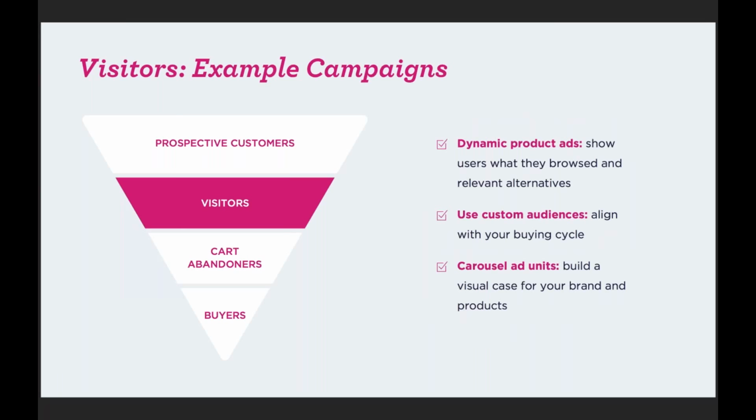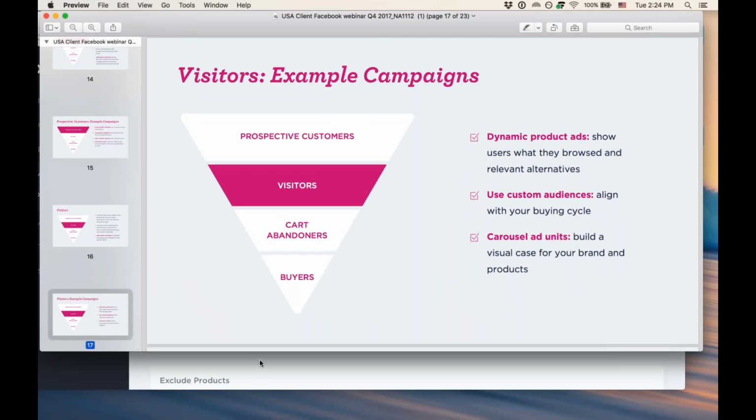We typically suggest using the dynamic product ads. This is going to show users items that they've viewed, as well as items that are similar to what they viewed. And you can use our custom audience feature to really hone in on your ideal target audience. And using the carousel ad unit is going to be a great way to show those visitors the products from your brand. So let's dive back into the back end.